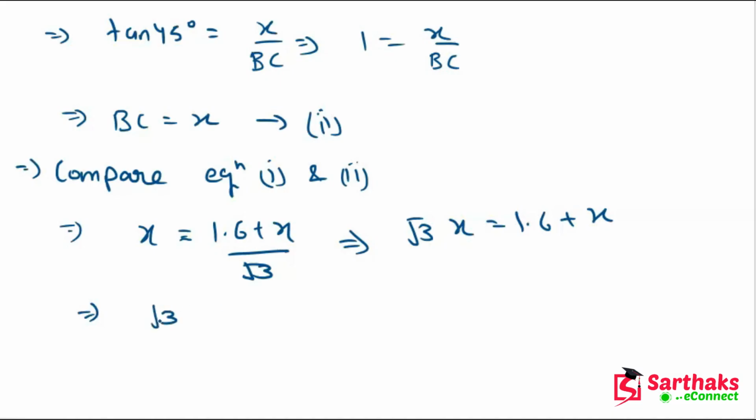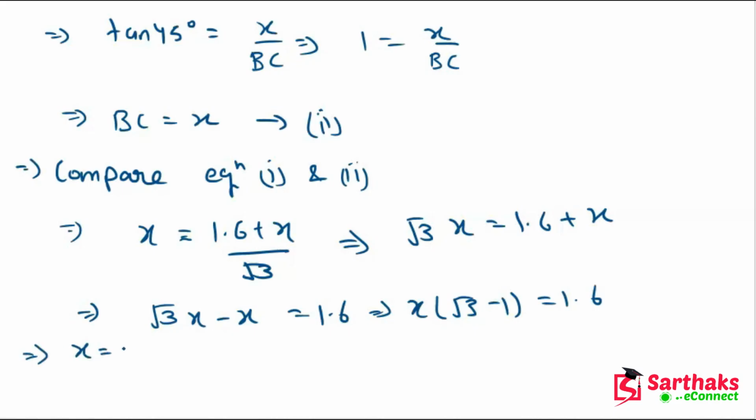So we get root 3x minus x equals 1.6. Now we are taking x as common, we get x times root 3 minus 1 equals 1.6. Now this will give x equals 1.6 upon root 3 minus 1.